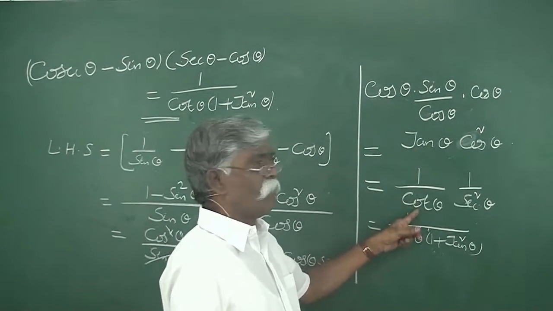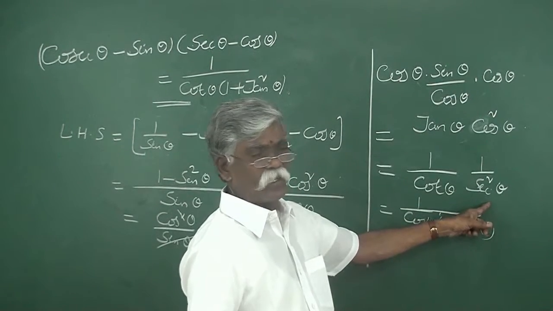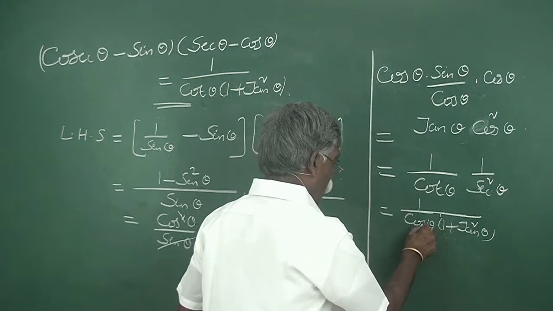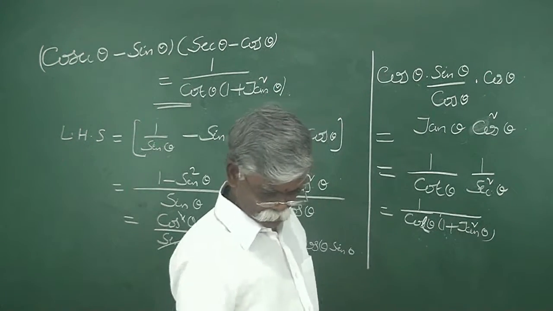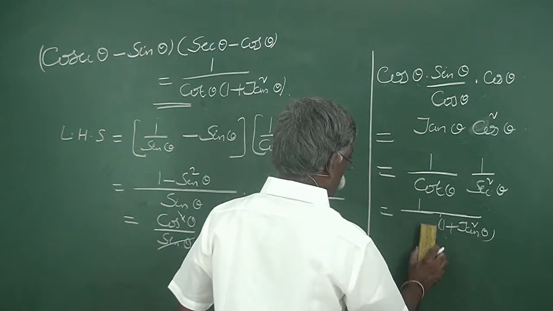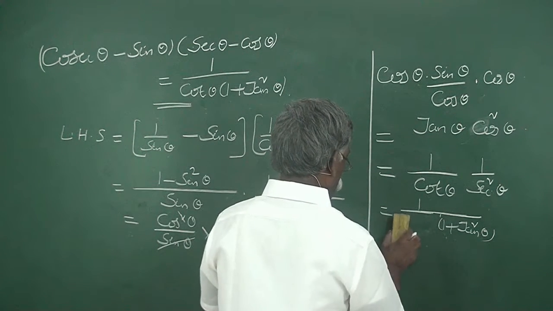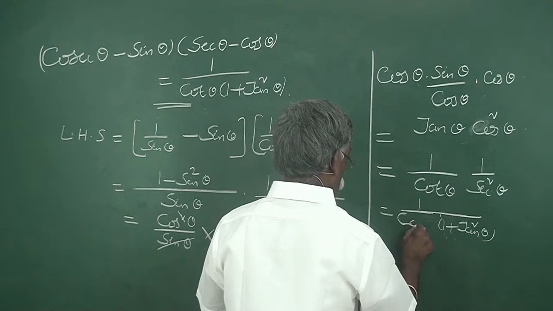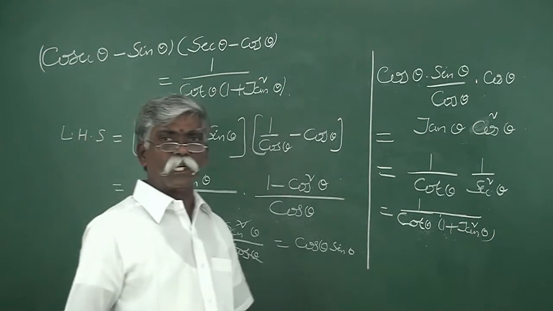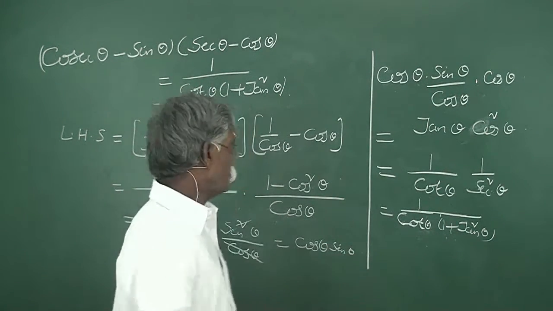When we bring this into the denominator, this is 1 by cot theta and this is 1 by secant square theta. Therefore the answer is 1 by cot theta into secant square theta, written as 1 plus tan square theta.